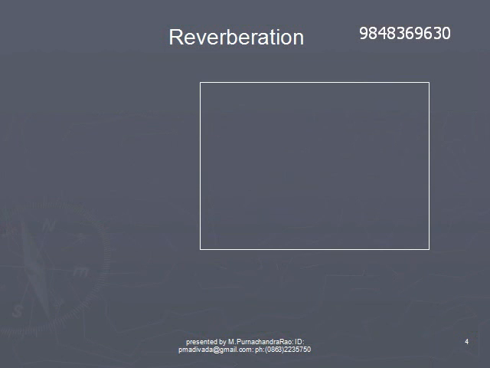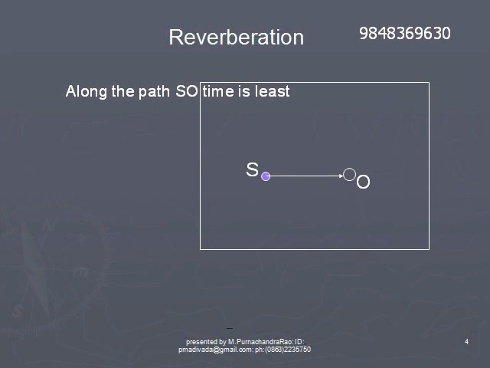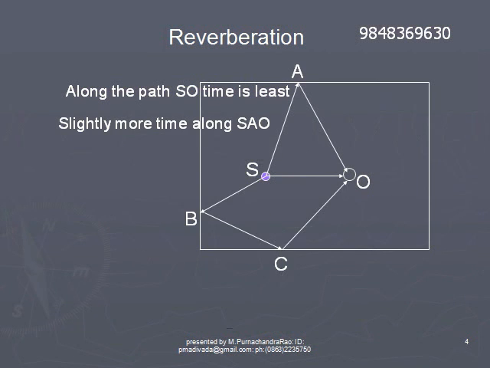The sound that is received after the first reflection will be a little later after the observer receives the direct sound. The sound received after two reflections, that is along the path SBCO, reaches with some more time difference.